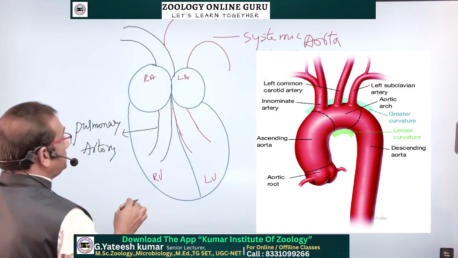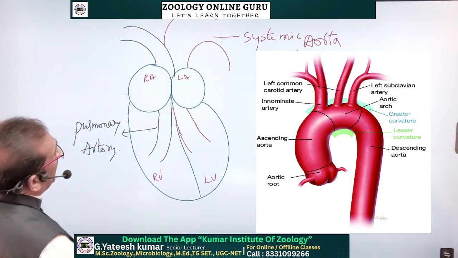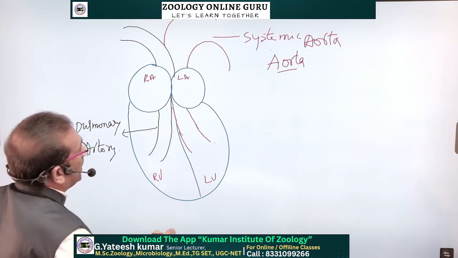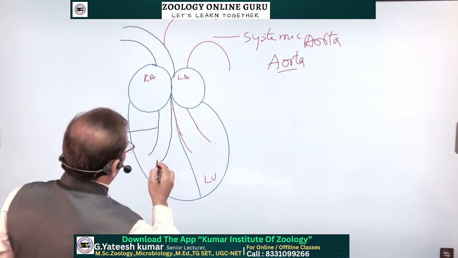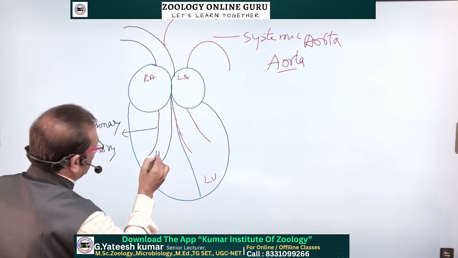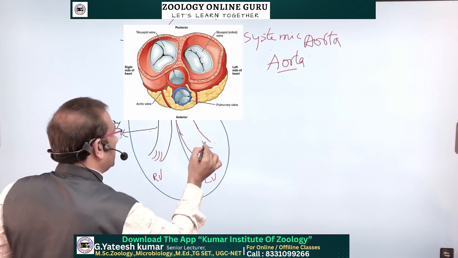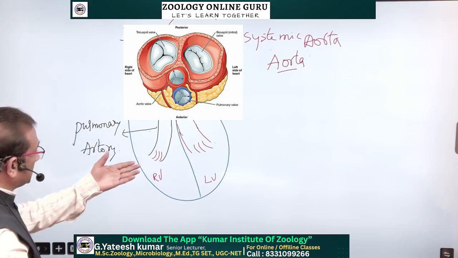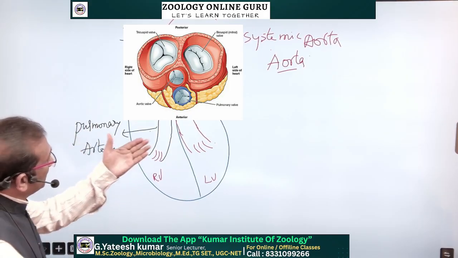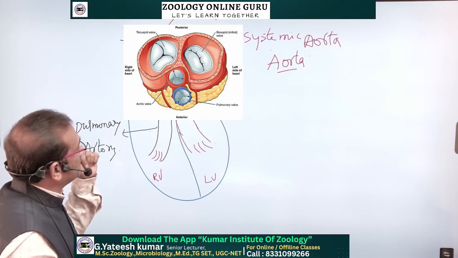Okay, coming to the aortic arches, both are known as aortic arches, pulmonary artery and systemic artery. And here we discussed already the semilunar valves 3, and here also the same semilunar valves 3 are present. Here these are called pulmonary valves, and here these are called systemic valves.